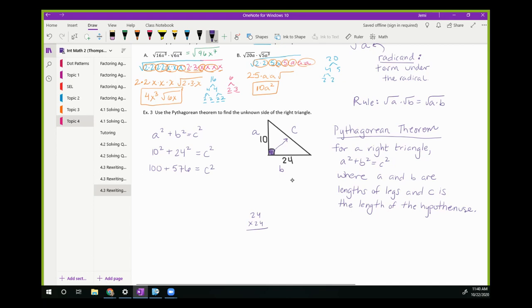And then I add, so 100 and 576 gives me 676, equals C squared. To get C by itself, I have to get rid of the squaring, the exponent. To do that, I use square roots. So I take the square root of both sides.